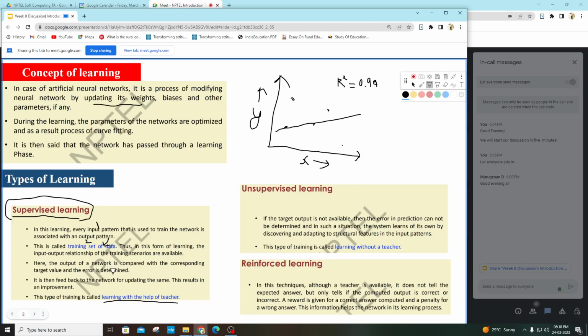By this error your brain will learn to minimize the error, so that you learn in subsequent lessons, and then when you give the test, you will give it with minimal error. So this is supervised learning.